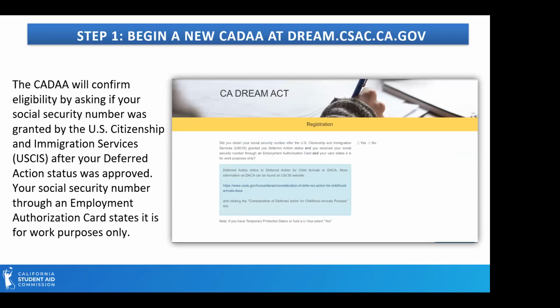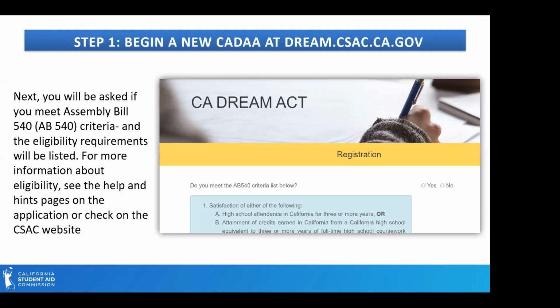At this point, if you did say yes to the social, it will also ask you if you received the social security number after the U.S. Citizenship and Immigration Services granted the DACA or Deferred Action Status. Next, it will go over the AB 540 requirements that we talked about a few slides ago.